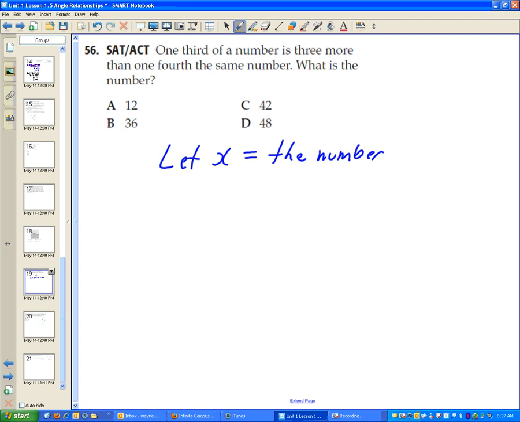Now, 1/3 of a number. What's 1/3 of x? 1/3 x. Is 3 more than 1/4 the same number? What's 1/4 of x?